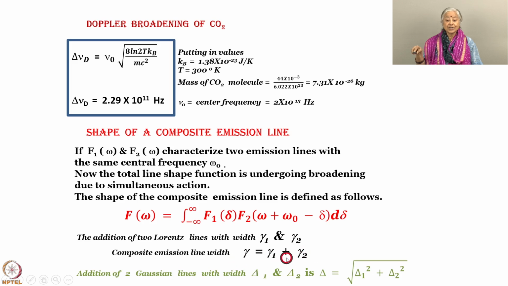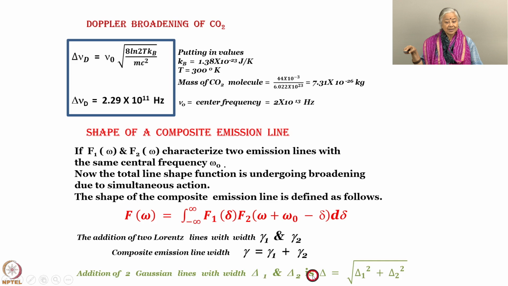You have got to work it out, you have got to do this full integral patiently and you will come to this conclusion. Here I am just giving you the results. Suppose you have gamma 1 and gamma 2, the final gamma is gamma 1 plus gamma 2 in case of addition of Lorentzian lines.